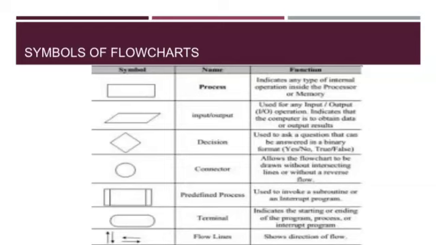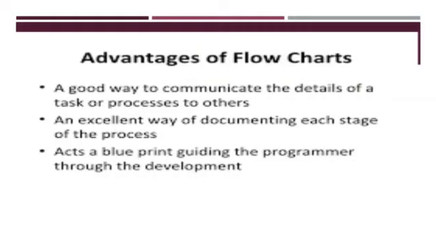It connects various parts of a flowchart, generally in multi-sheet flowcharts. Then arrows, also known as flow lines, are used to show the flow of the process. These are the different symbols used while developing a flowchart.